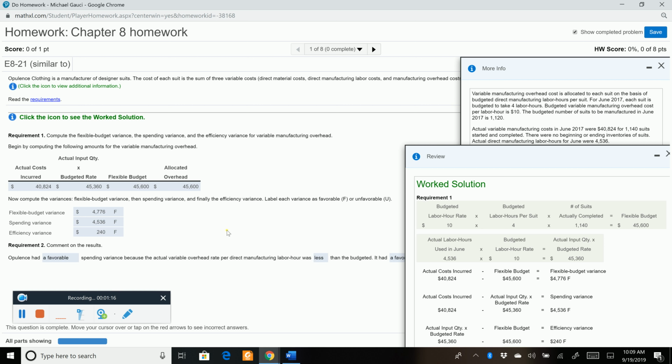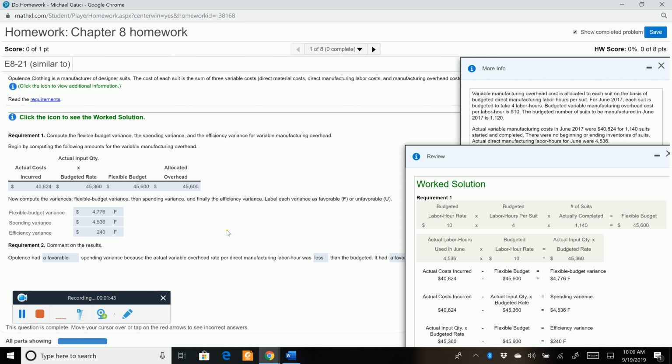So let's take a look at the far right in the information given. It says variable manufacturing overhead cost is allocated to each suit on the basis of budgeted direct manufacturing labor hours per suit. So what we're saying is the number of labor hours spent on each suit is going to drive the amount of overhead.